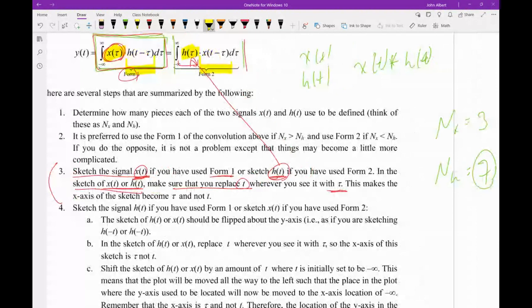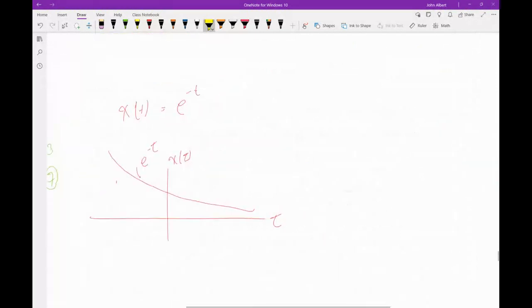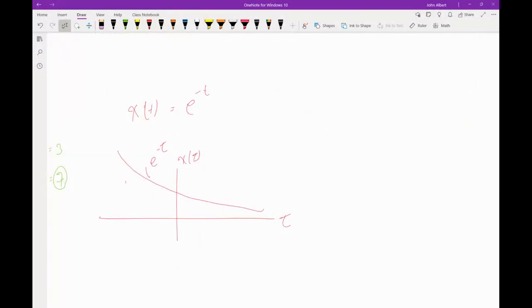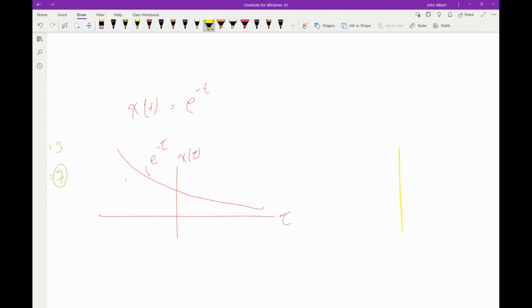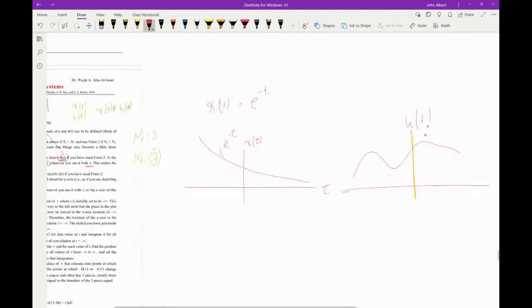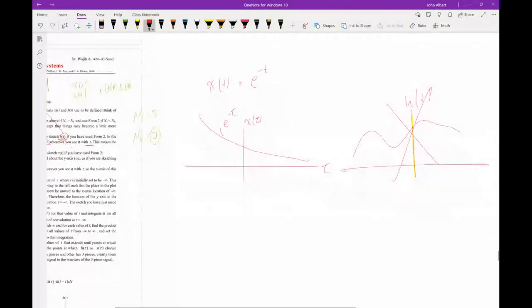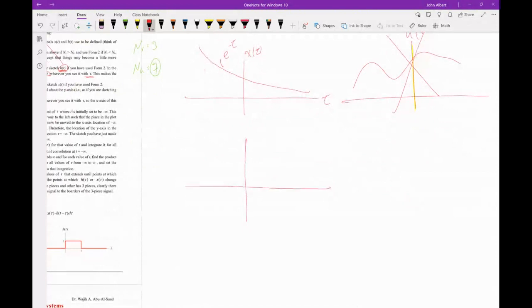This is x of t. Don't do this. If you do this, you'll probably make a mistake. Do not come in here and sketch h. Please do not sketch it to the side of it. You have to sketch it here, under it. Or above it, if you want to.